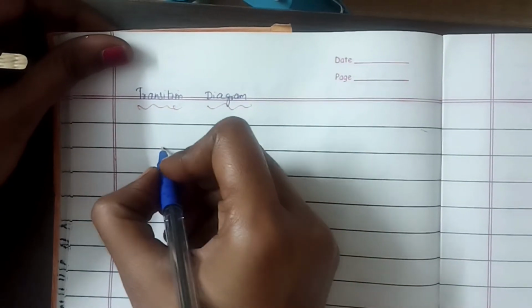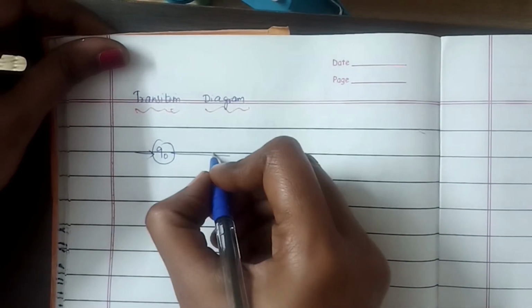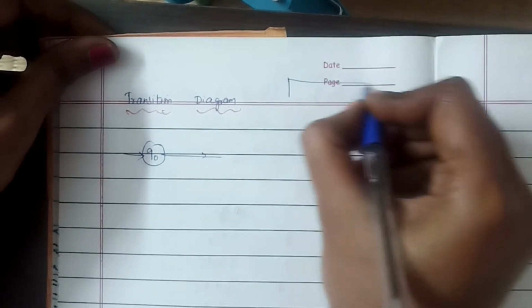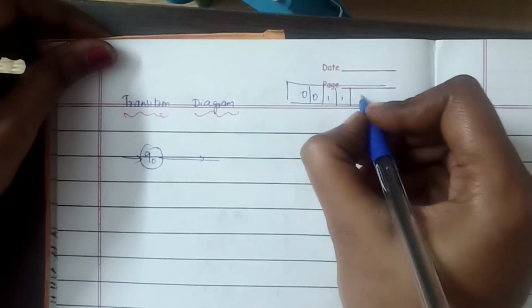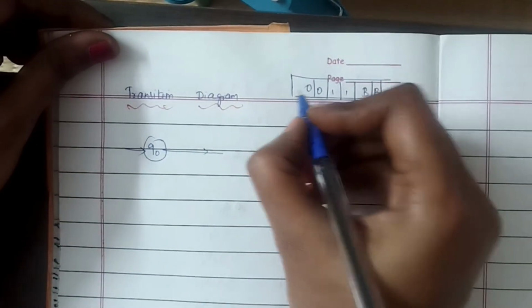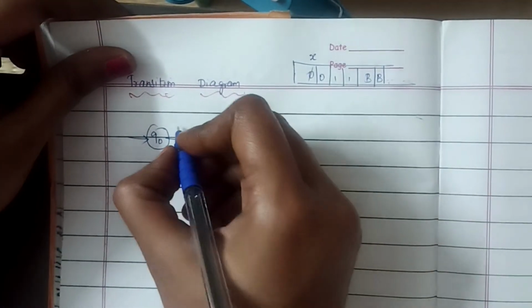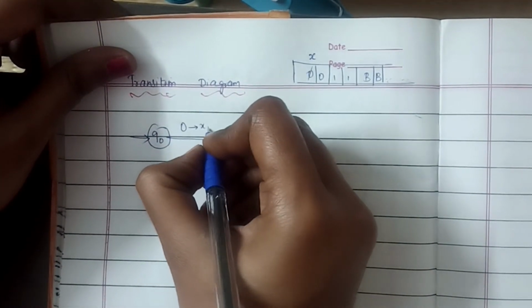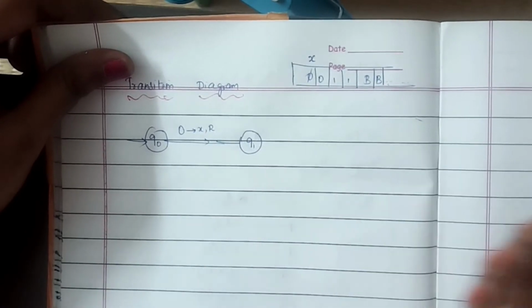See here, my start state is q naught, and my input symbol is like this, and my tape symbol is like this. When you see the first 0, it is to be replaced by x, and you go in the right direction, which is state 1.